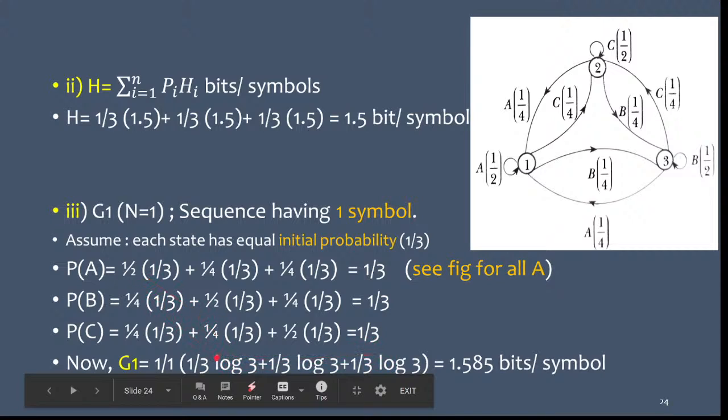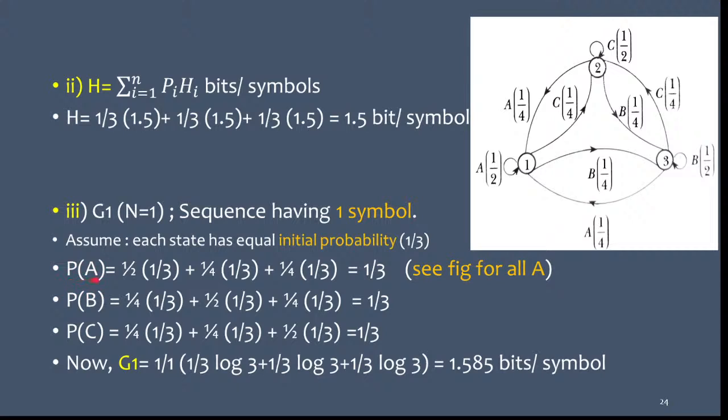To find those terms, we have to find the probability of every symbol. For example, probability of A is equal to half and 1 by 3. 1 by 3 comes from the initial probability.